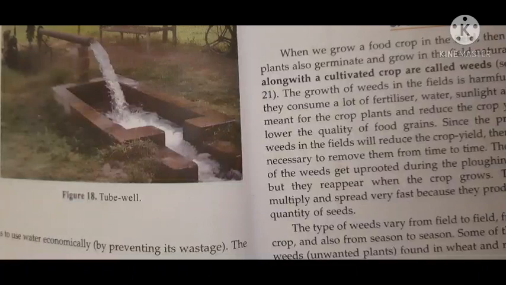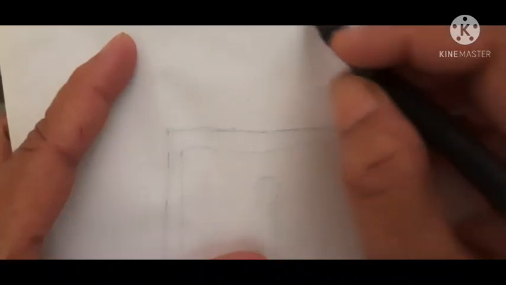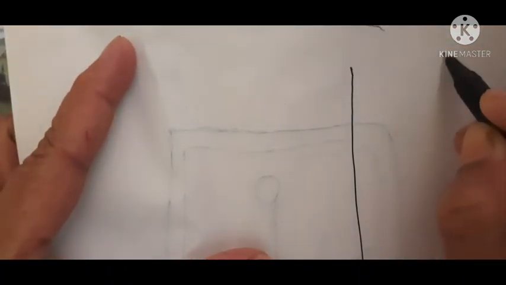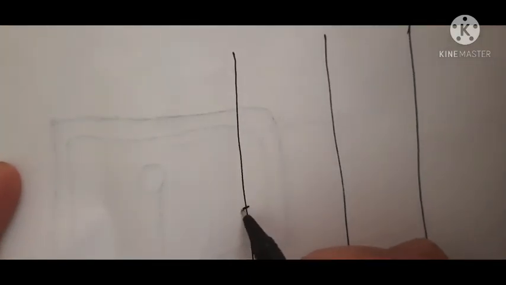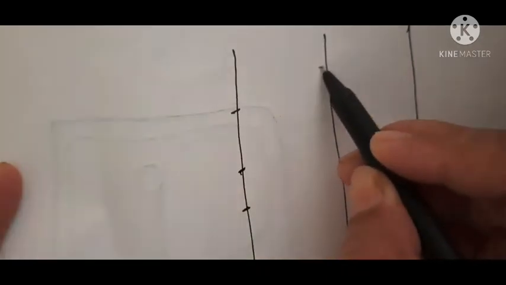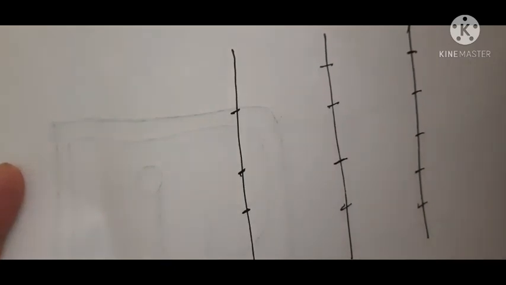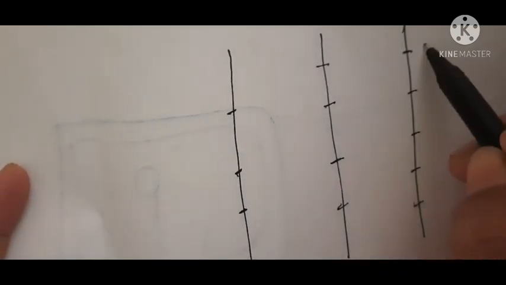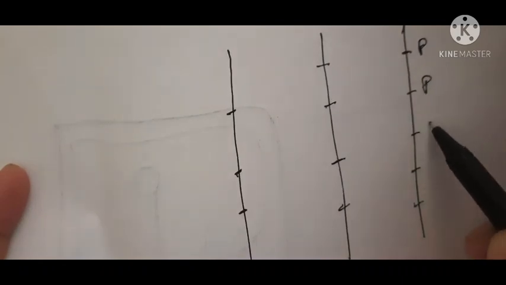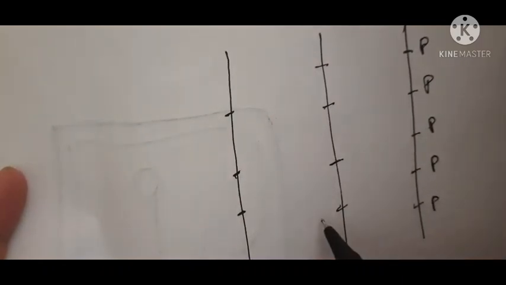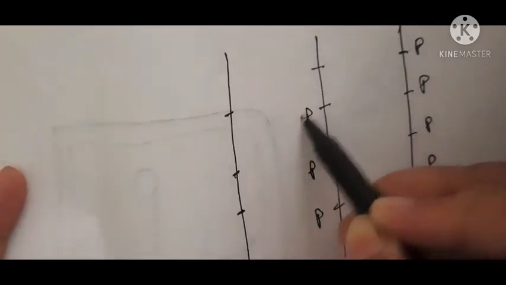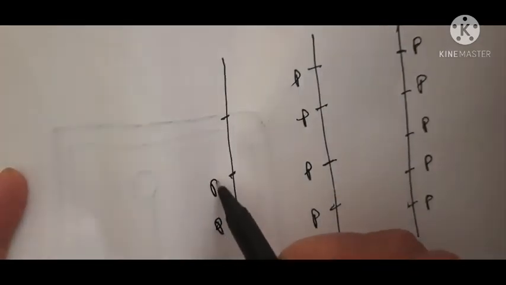So for example, I'll just show you. See here, suppose this is the pipe. Suppose such types of narrow pipes are made. Now here round small holes are at equal distances. These are the round holes. Now here the plants are grown, or these are the seedlings, or the seeds are sown here.